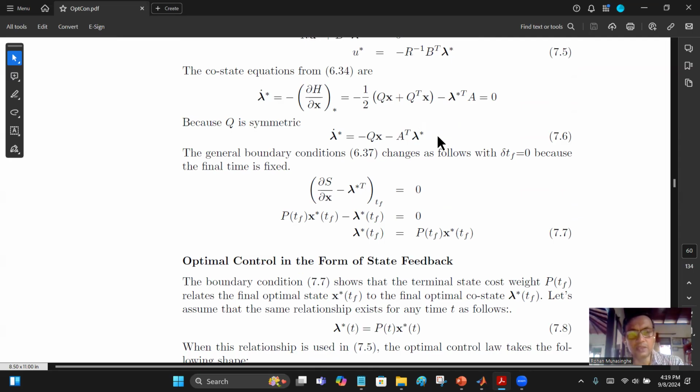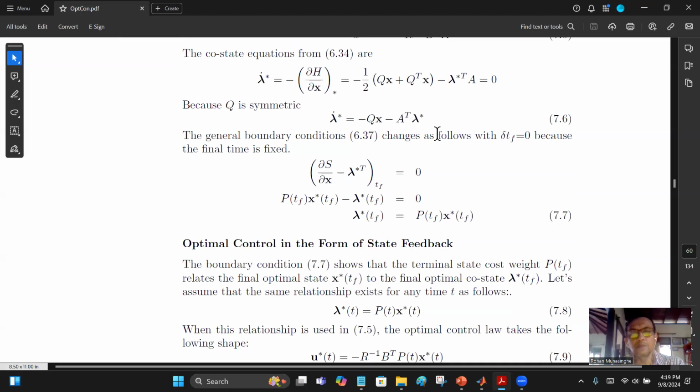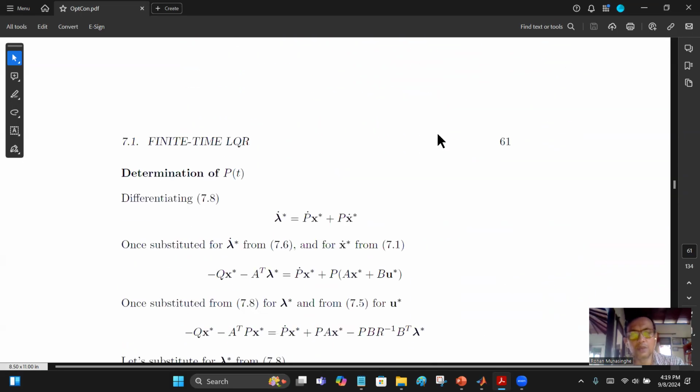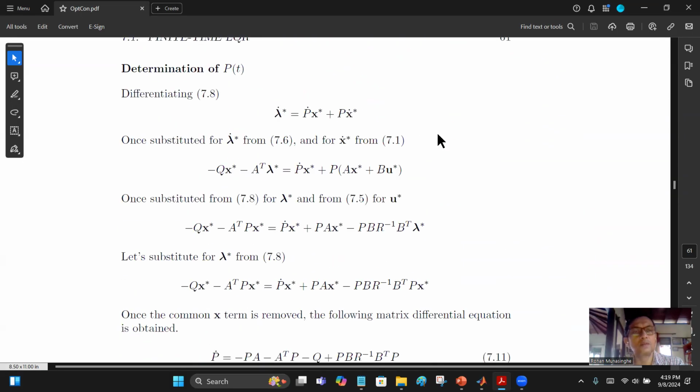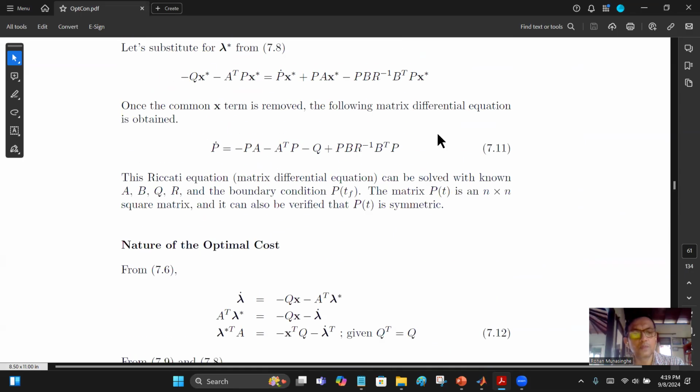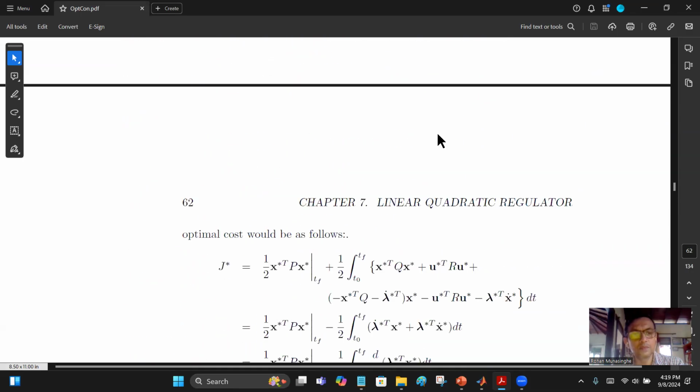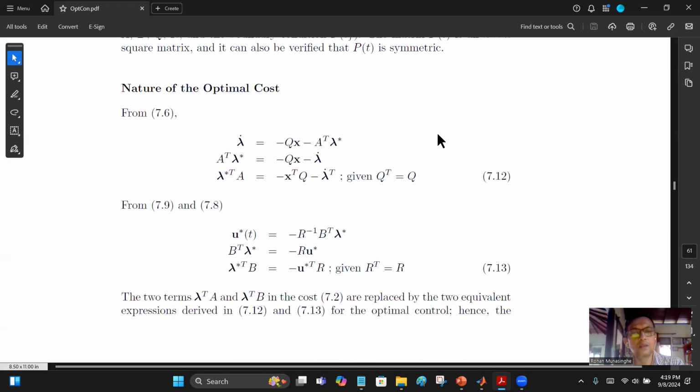Another word for that is co-state. It looks somewhat similar to the state. So over here, this is our co-state equation.